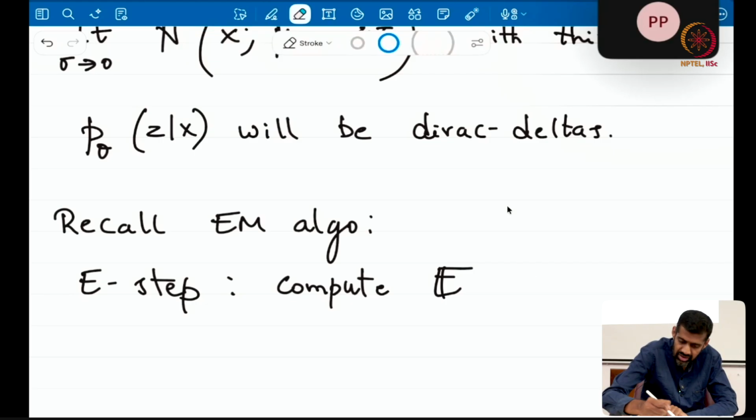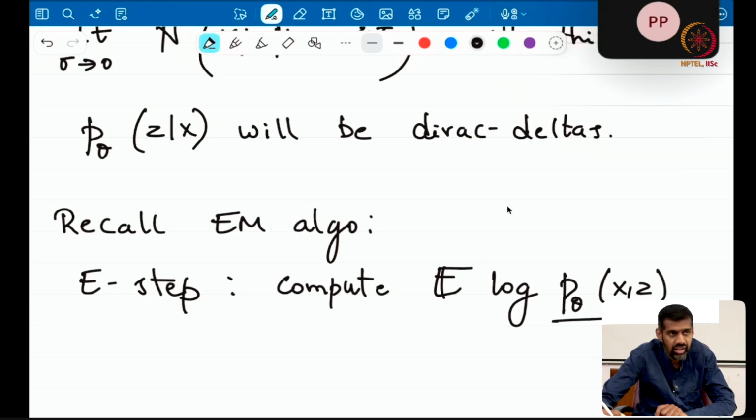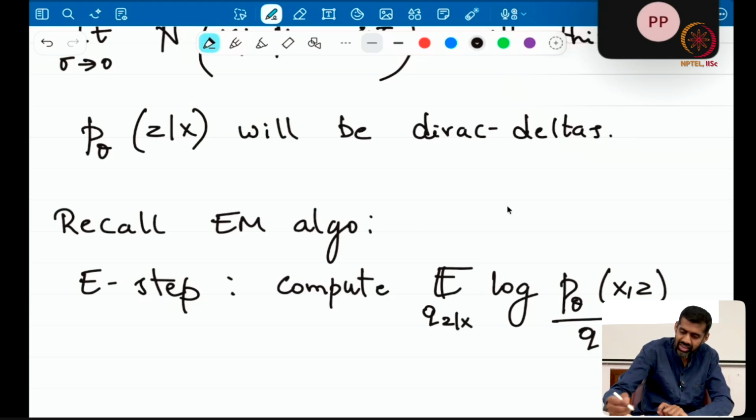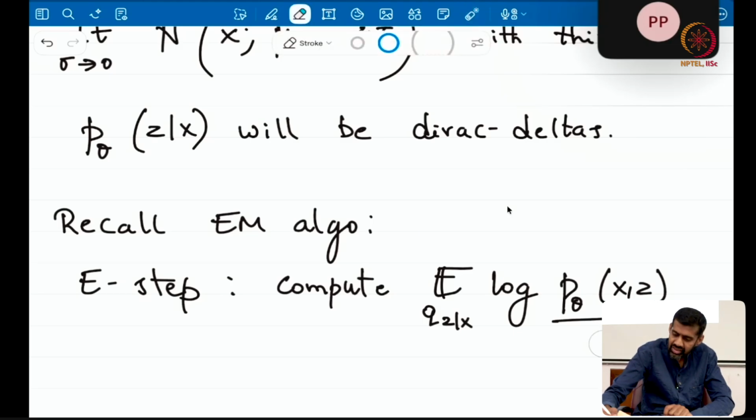Was there a log here? I think it is the log of p theta of the joint distribution divided by q of z given x, and this expectation was with respect to q of z given x. In fact, I can effectively take this denominator out, because it will be the entropy and it is independent of whatever we do.